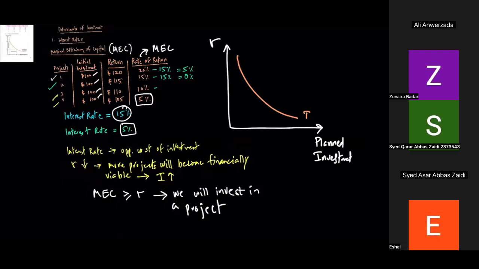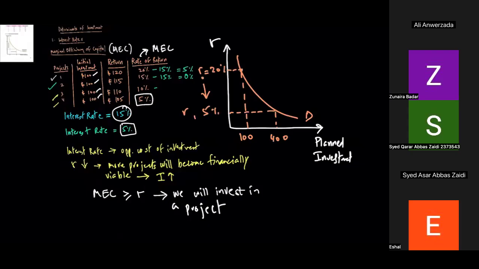This is what we call the demand for investment, where when the interest rates are like, for example, 20%, you will put money in only one project. But if the interest rate goes to, let's say, 5%, if interest rates fall from R0 to R1, you may invest in all the four projects. Do we get the idea, guys?